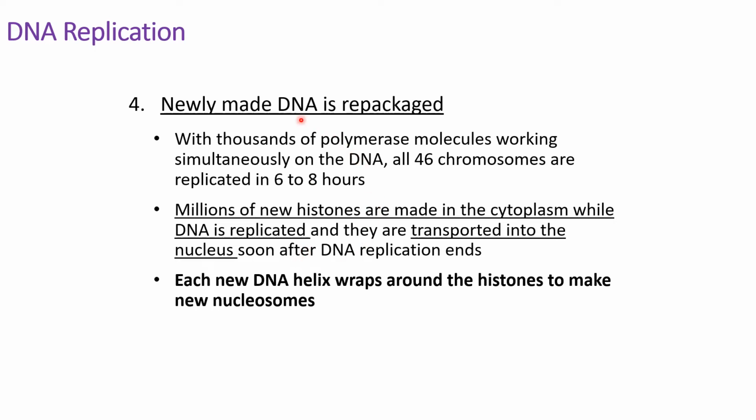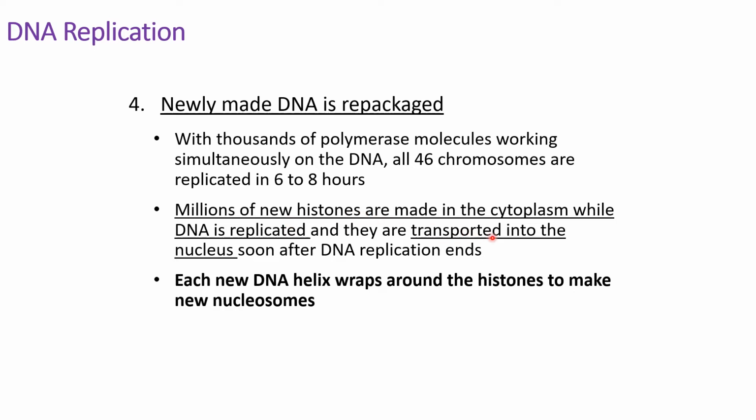So we have our newly made DNA. We have our daughter DNA. Then what? Well, we need to repackage that DNA. And so, of course, we're going to need to wind this new DNA around histones once again. Remember, we broke down those histones in the first step. Well, all during the time that DNA is being replicated, we are simultaneously making new histone proteins, right?